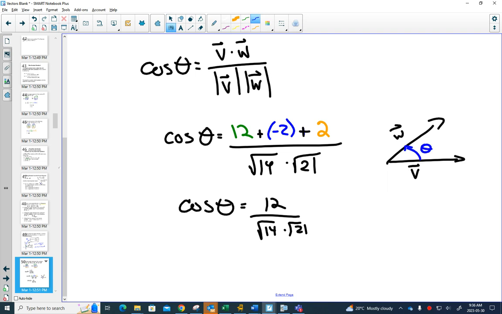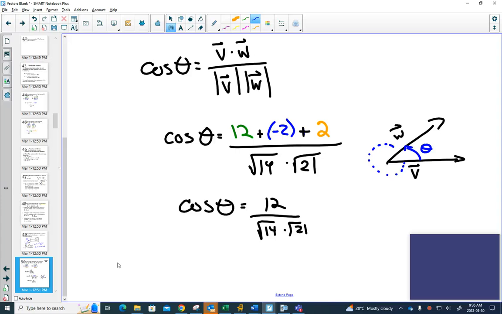We are not thinking about this one. This would be the quadrant 4 answer, by the way, going all the way around in the wrong direction. Okay? Because it's sort of a contextual question, we're going to list it as the acute angle that it is, that angle theta in between them.